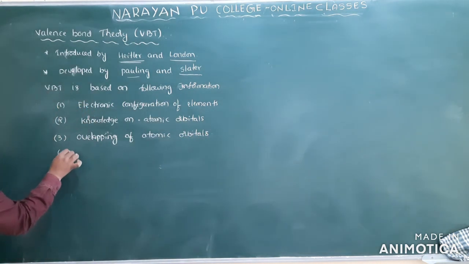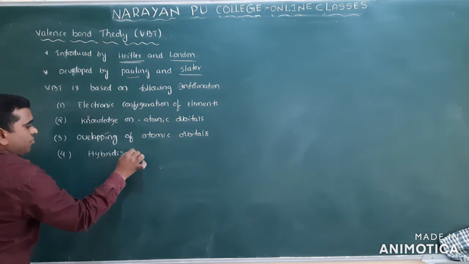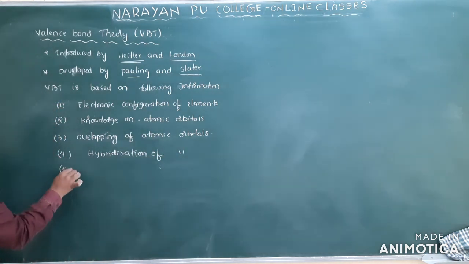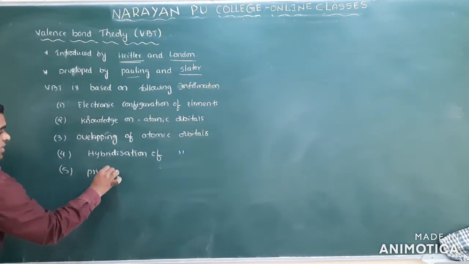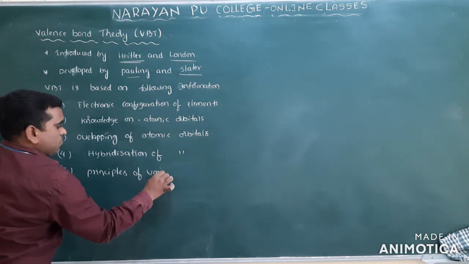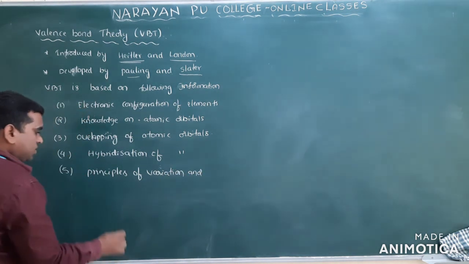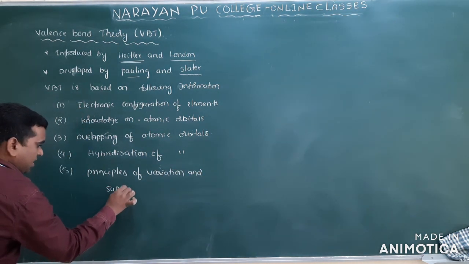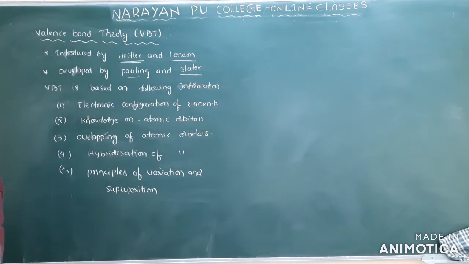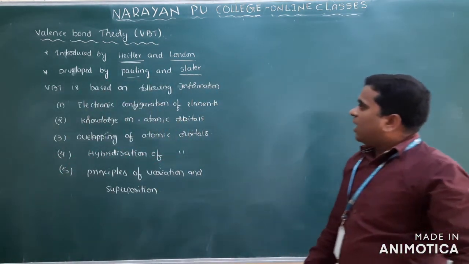And the last one is principles of variation and superposition. So these are the five.